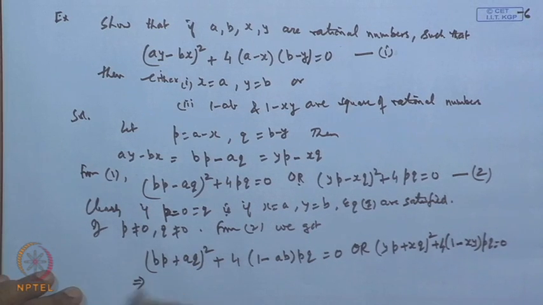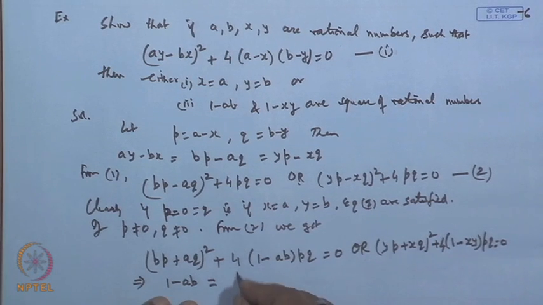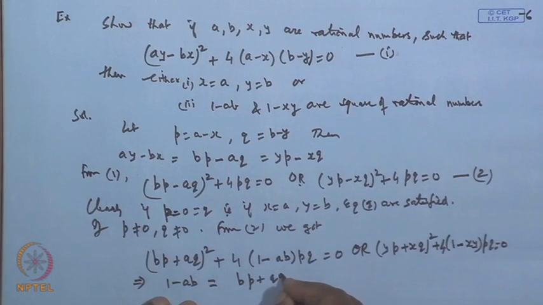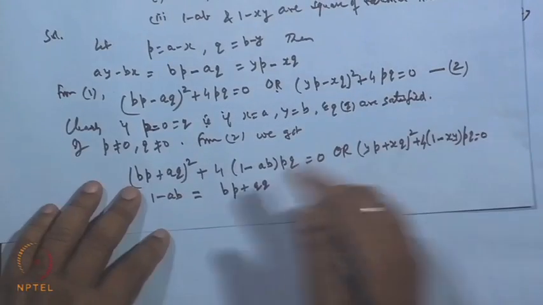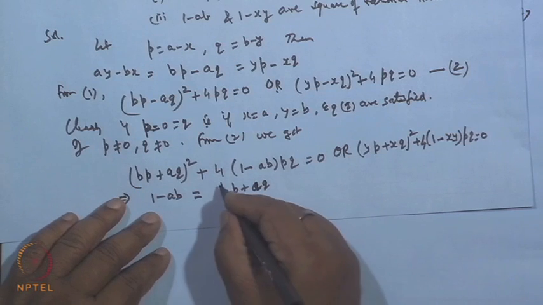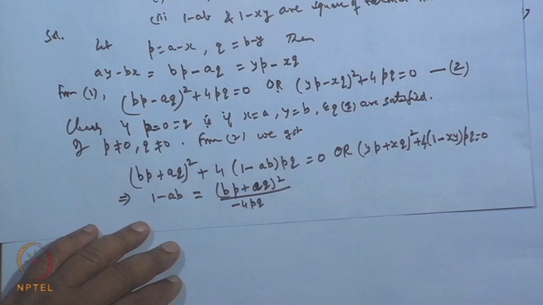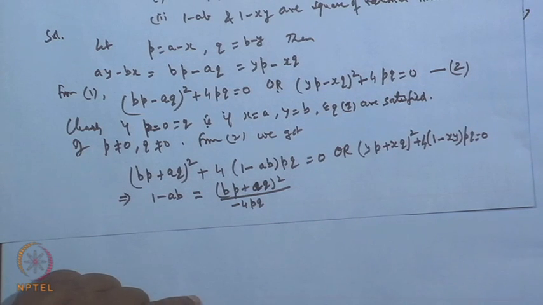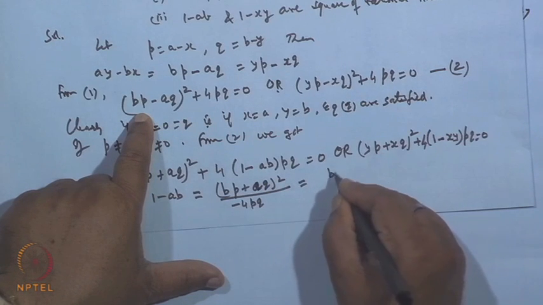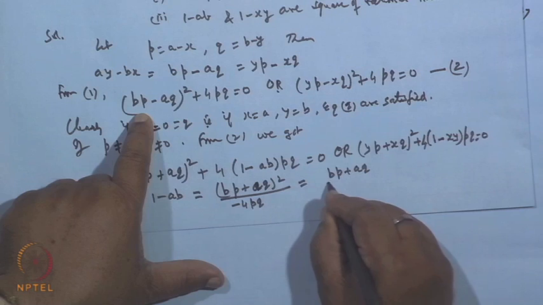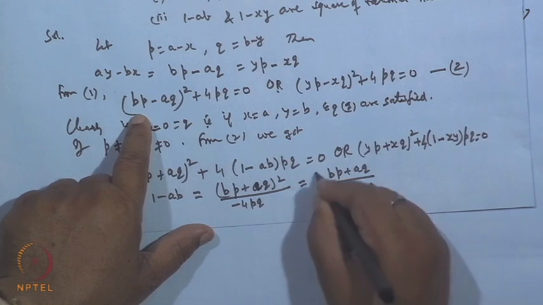So, from here we get 1 minus ab is equal to (bp plus aq) whole square divided by minus 4pq. But minus 4pq is equivalent to the product, so we can write this as (bp plus aq) divided by minus 4p, times (bp minus aq) whole square.